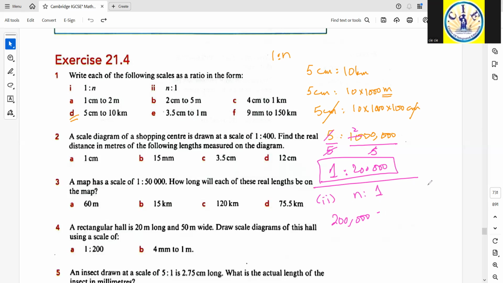Rather, what we need to do is that we need to start off exactly from the same value, and then to make the value on the right side to be 1, I need to divide it by exactly the same number. Since I've divided it on the right side, that will be 1. So 1 by 200,000 is going to be 0.000005. So that is the form n ratio 1.